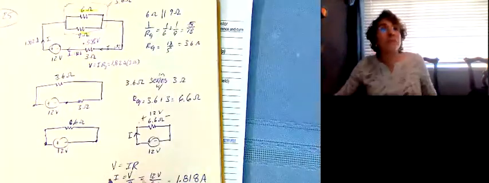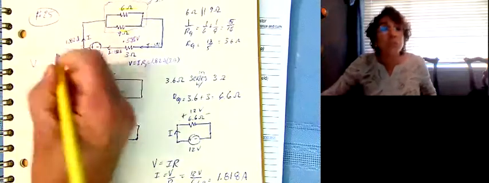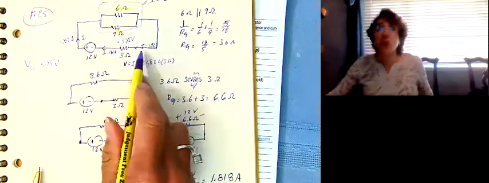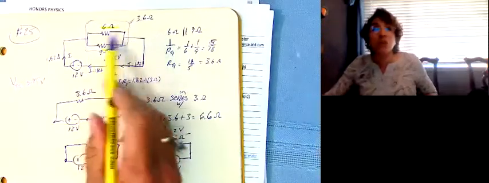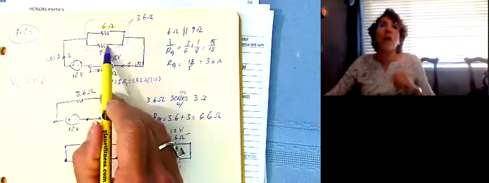So I know that the voltage through here is exactly 5.45 volts. The voltage of the 3 ohm resistor is equal to 5.45 volts, and you know the current going through it is 1.82.